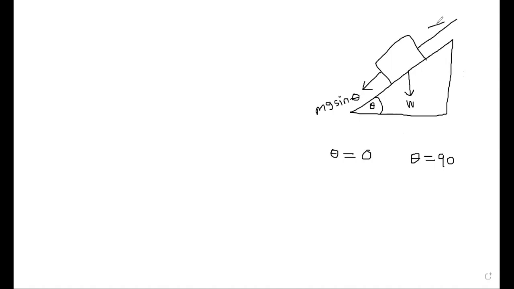We know that there's tension T, and this tension is in equilibrium with the mg sine theta. So let's say the sum of the forces in the x are equal to 0. That means they are in equilibrium. Then we are going to take the direction to the right as positive and the direction to the left as negative.